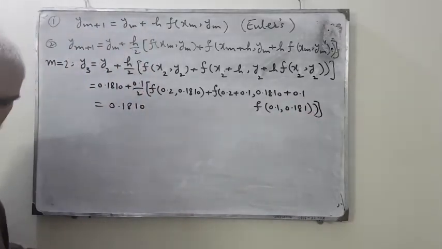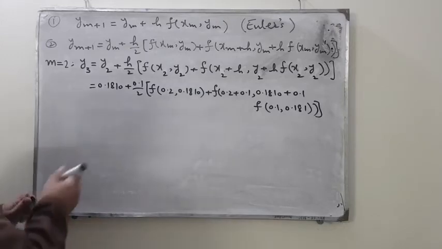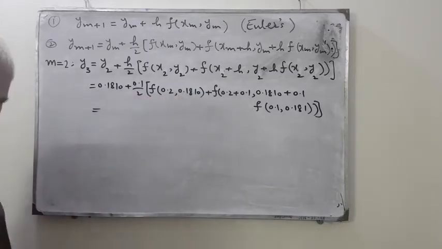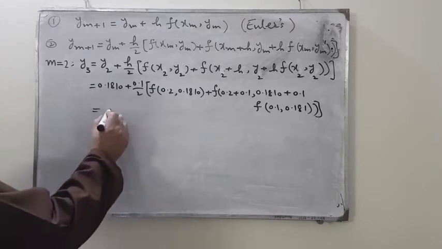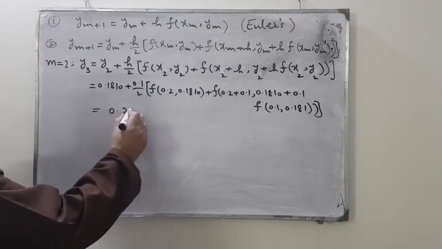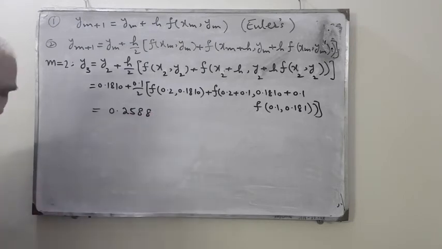Okay, so this is the substitution of the values of x2 and y2, and on simplifying the function as well, we'll have the output in the form of 0.2588. This is the third unknown which we were looking for.